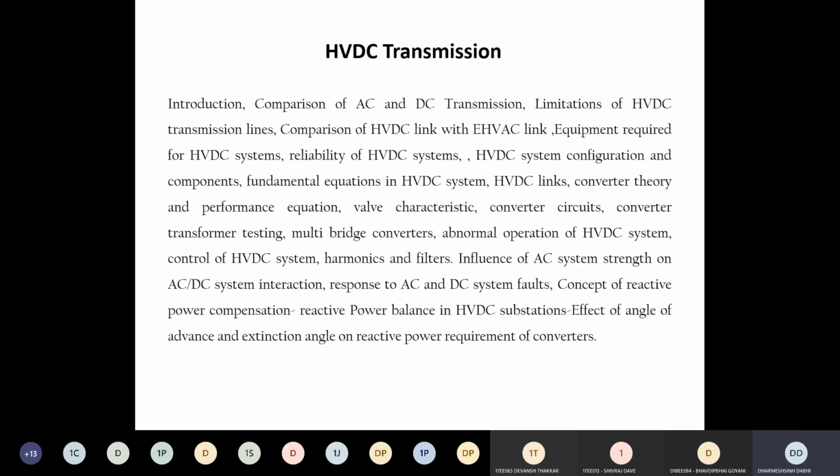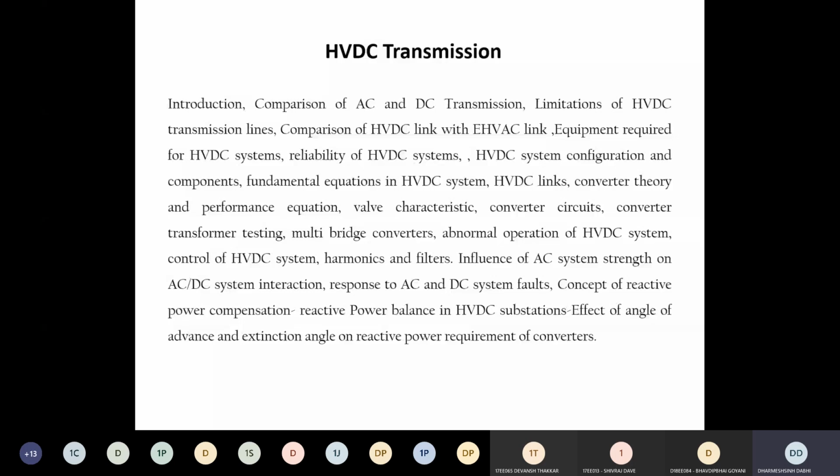Till now we only understood the 6-pulse converter or 3-phase bridge type of converter, but there is another possibility: more than 6 pulse, like 12-pulse, 18-pulse, 24-pulse, 36-pulse converters, as per the requirements. This is the multi-bridge converter whose theory we already studied.